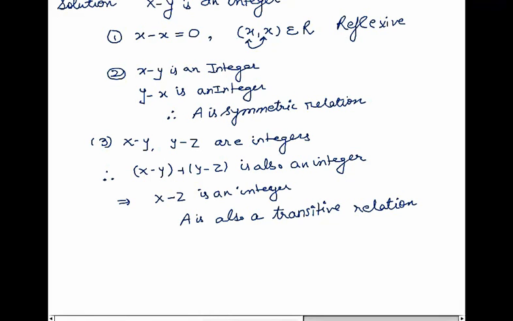Now, as A is reflexive, symmetric and transitive, therefore A is an equivalence relation.